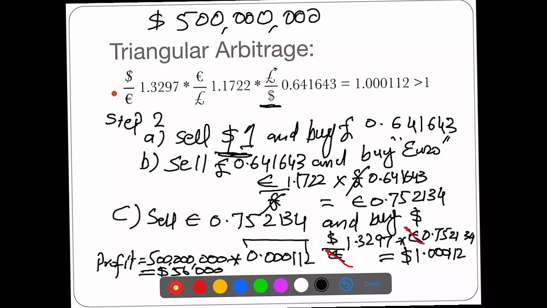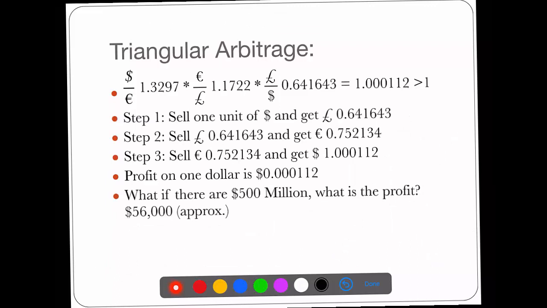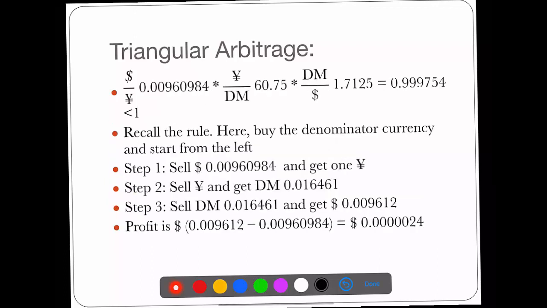In a more clear way, the same calculations I have done over here, step by step, the same thing which I was showing earlier. Let's move to another question. Over here, these are the dollars. So you can see it's a mathematical way of writing. Over here, the base currency is yen and the unit currency is dollar for the first exchange rate.